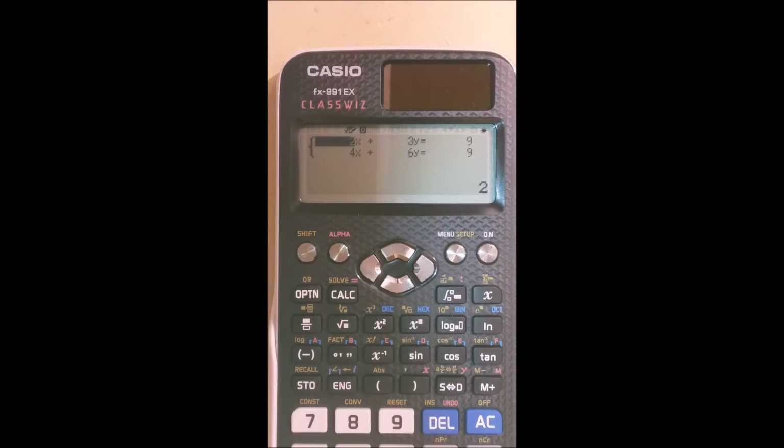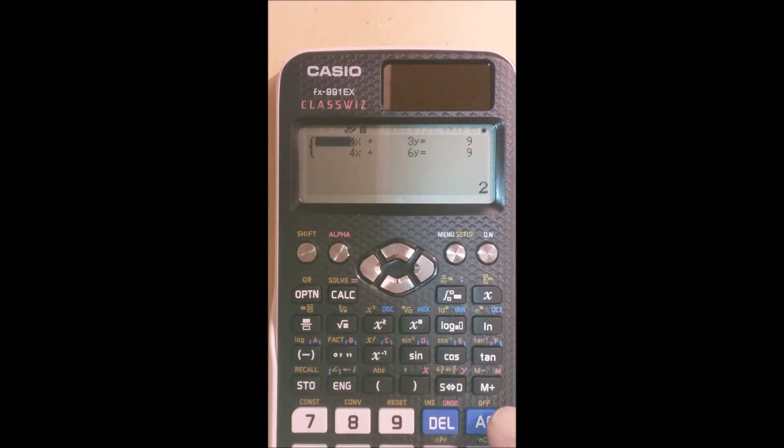Since the x value and the y value are in the same ratio, they're going to have the same slope. And if they equal different numbers, which they do in this case, if you divide the bottom one by 2, you get 2x plus 3y is equal to 4.5. So the two lines obviously are not in the same location. Okay, that takes care of that part.